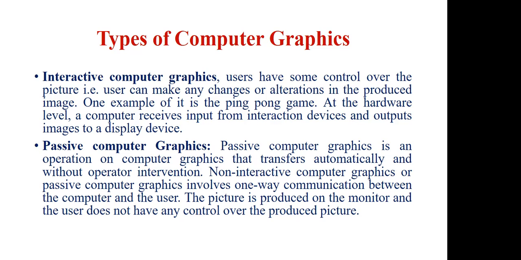That's why it is passive. It's not in your control. And the other one is interactive computer graphics, where you are interacting with the computer and making changes to the graphics. So this is the introduction part of the computer graphics, what we have just noted here.